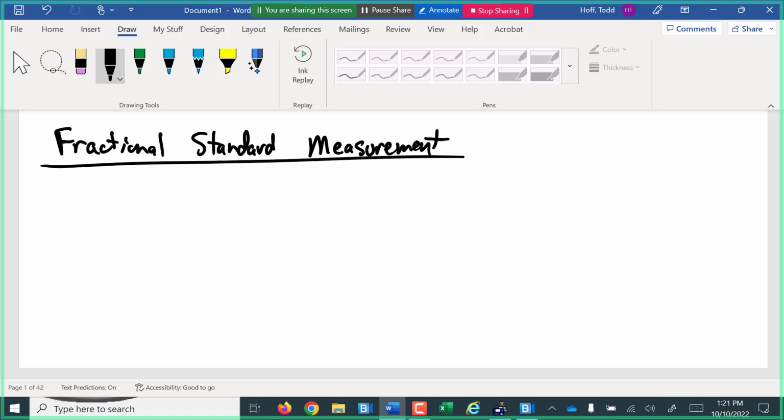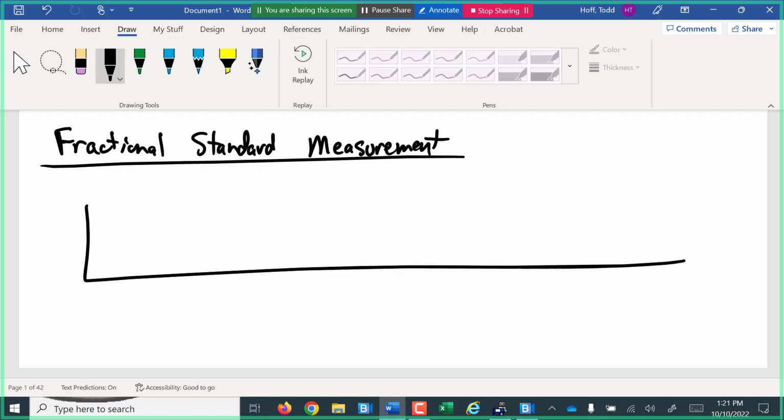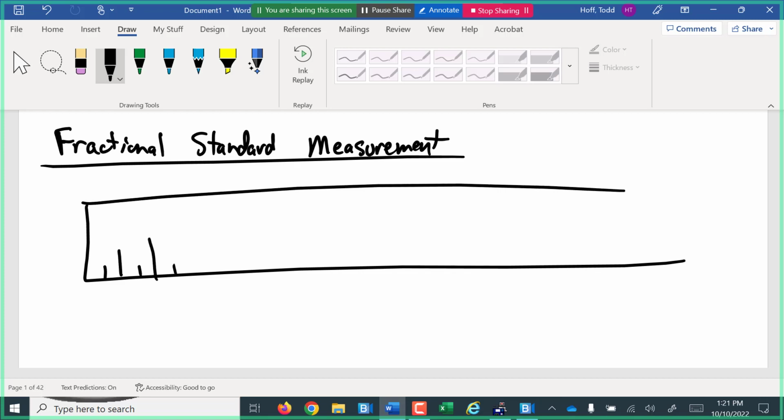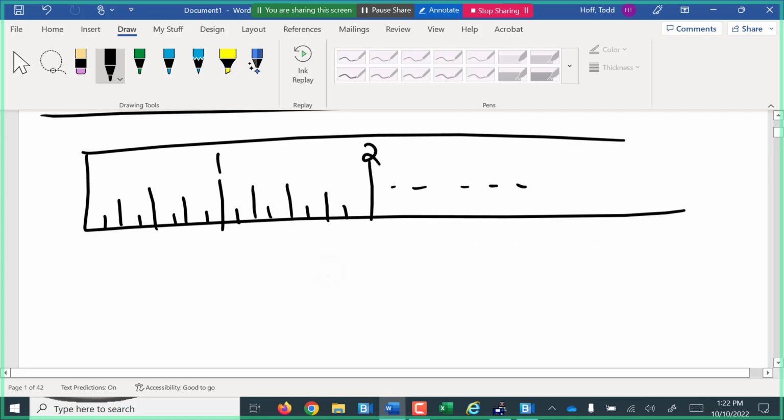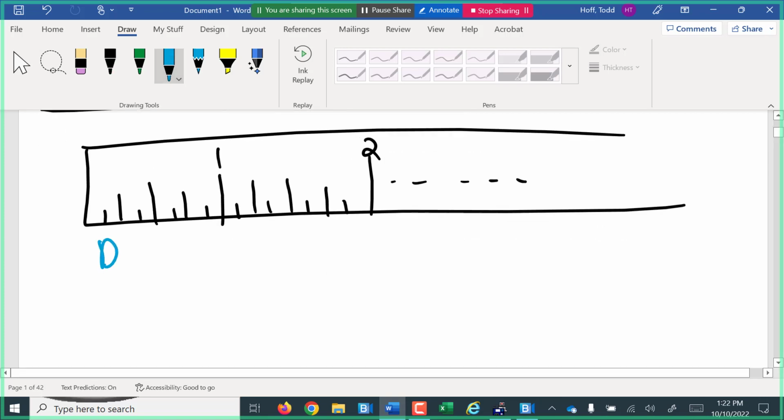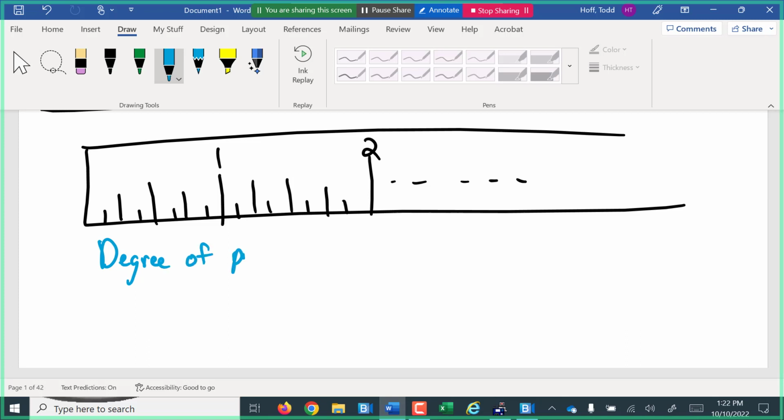So either we have to have a picture of the measuring device like this, so on this measuring device, what is the degree of precision? What's the smallest unit on this measuring device here?